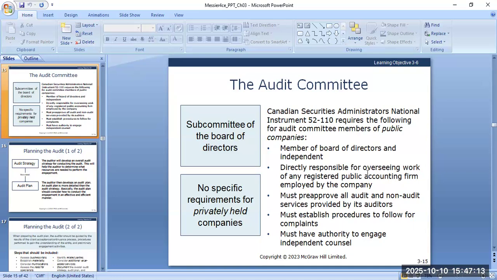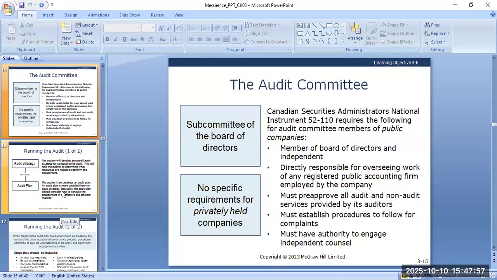They are directly responsible for overseeing the work of any registered public accounting company employed by the company, must pre-approve all audit and non-audit services provided by the auditors, must establish procedures to follow for complaints, and must have authority to engage independent counsel if needed. These are the functions and the requirements for the audit committee, which is in place.